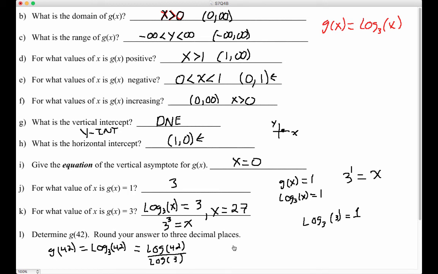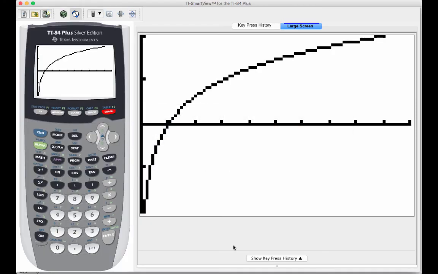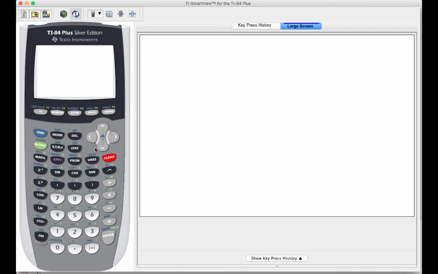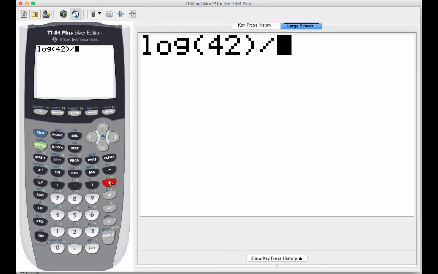So let's go ahead and use our calculator to do that. So we're going to take common log of 42, and then we'll divide that by common log of 3.